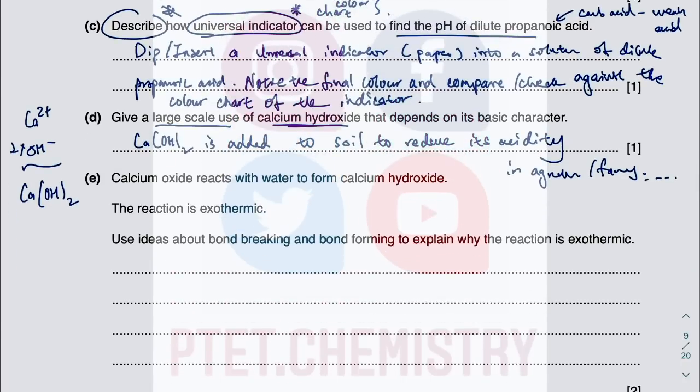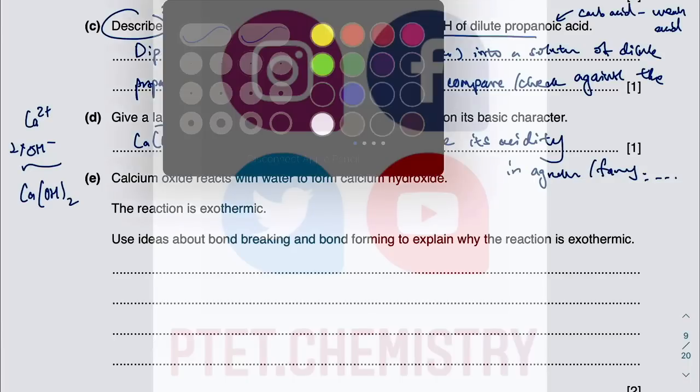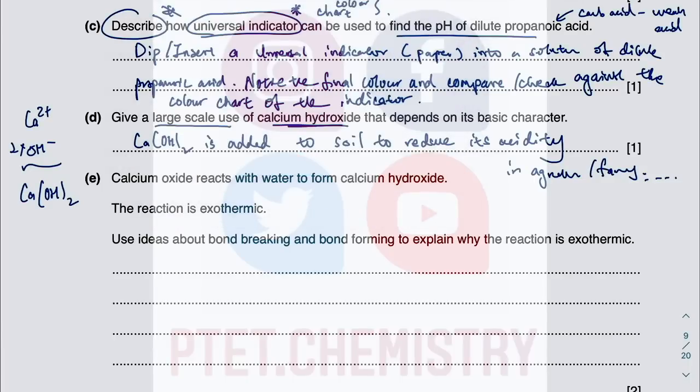Another use will be in the extraction of iron as well, so you can have an alternative answer. Use in the blast furnace to remove acidic impurities when extracting iron.